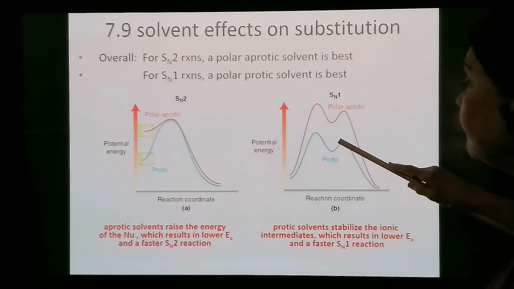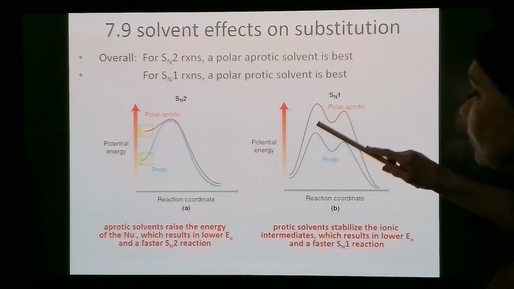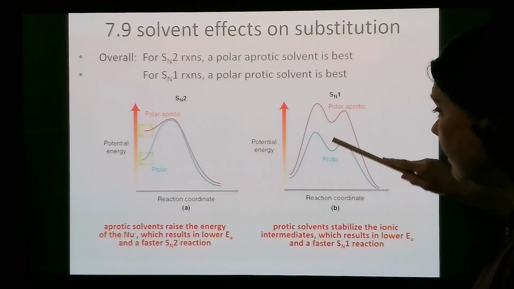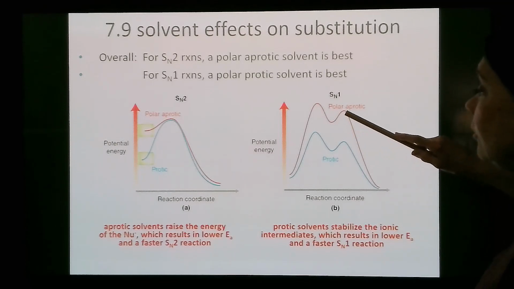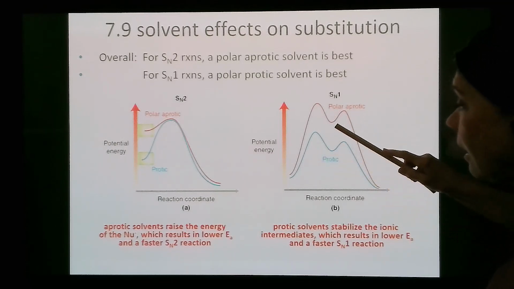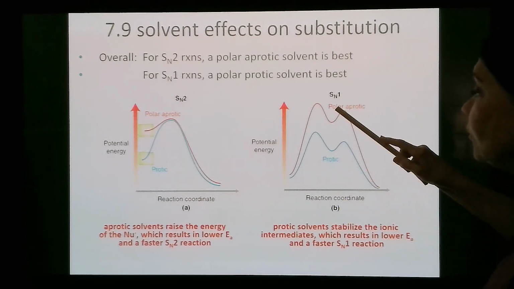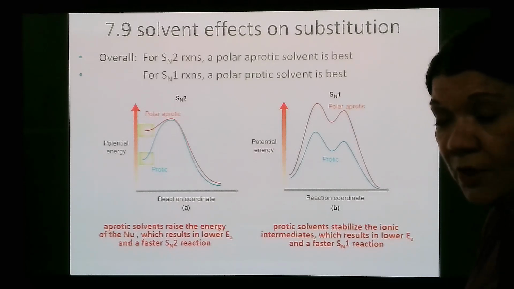Now over here, when you have a polar aprotic solvent, it's not the reactants that are impacted, it's the intermediates. Remember, the intermediates will be a pair of ions, a carbocation and an anion. Here, a carbocation and an anion. If it's polar aprotic, you will not have any hydrogen bonding to stabilize the anion.